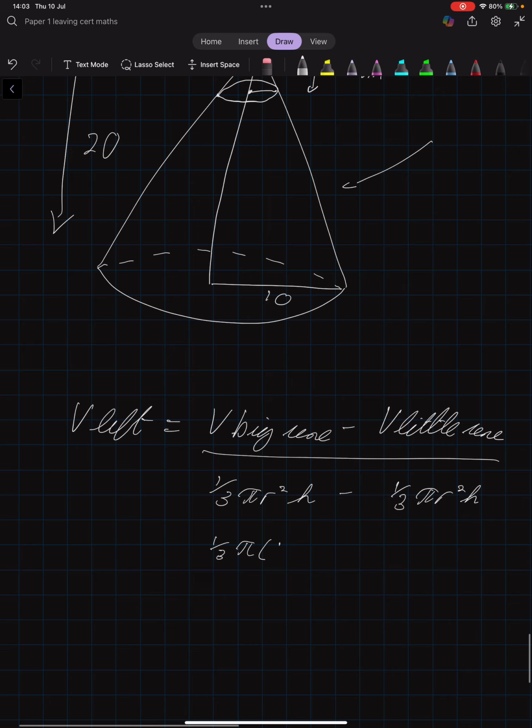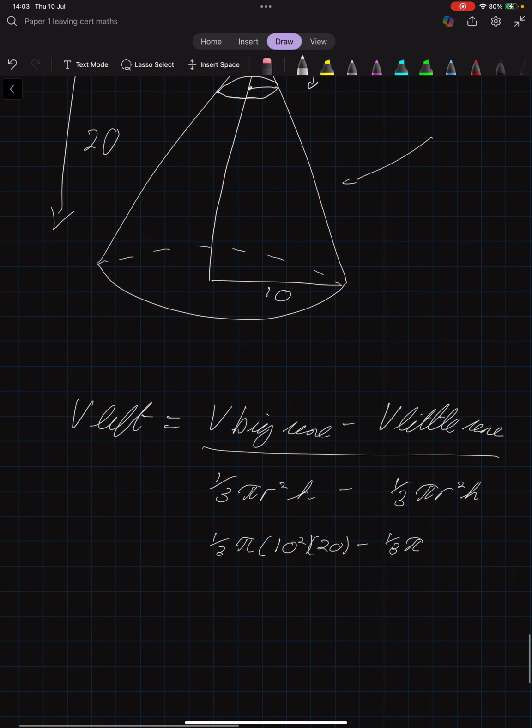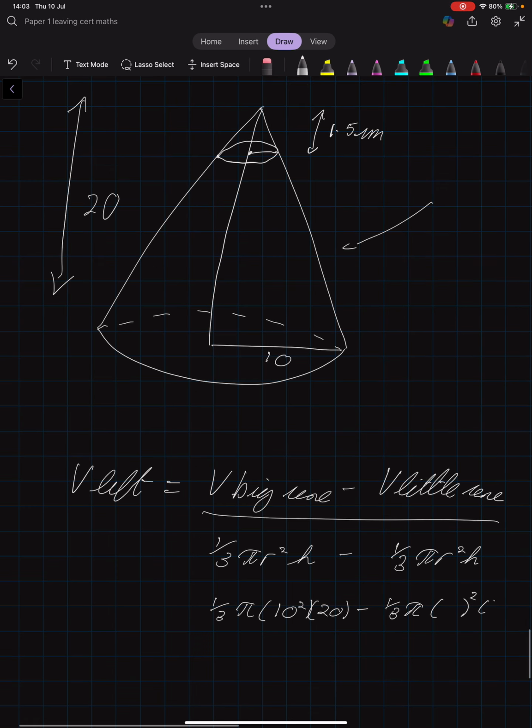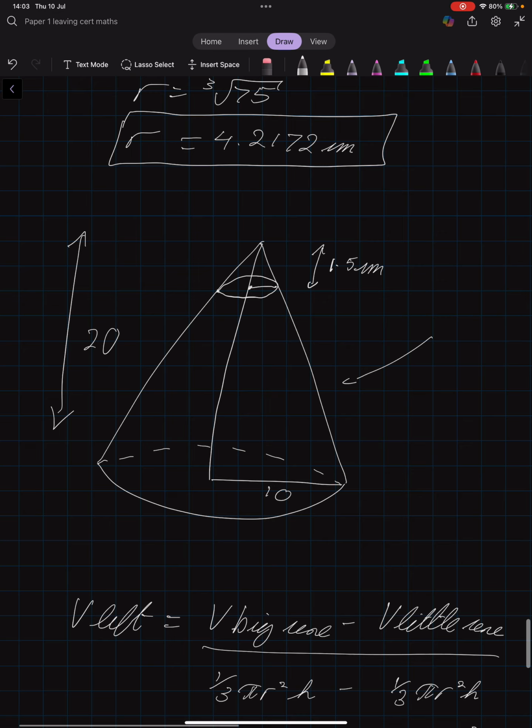R squared in this case is 10 squared, and the height is 20. Now, I don't know the radius of the little cone, but I know that the height is 1.5. So what I need to do is figure out what is the radius of the little cone.